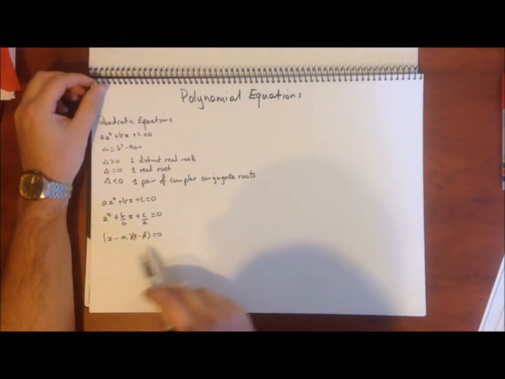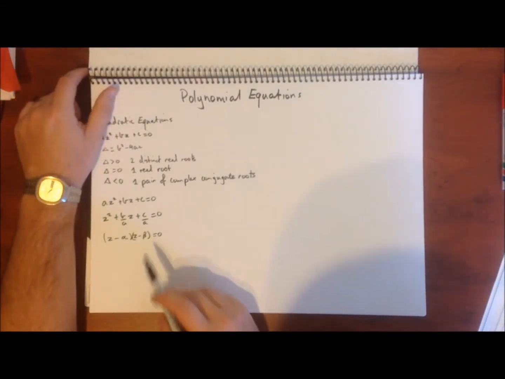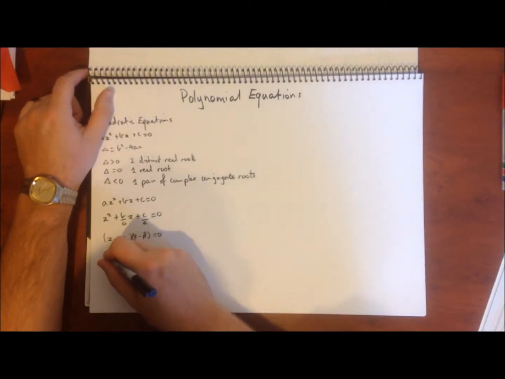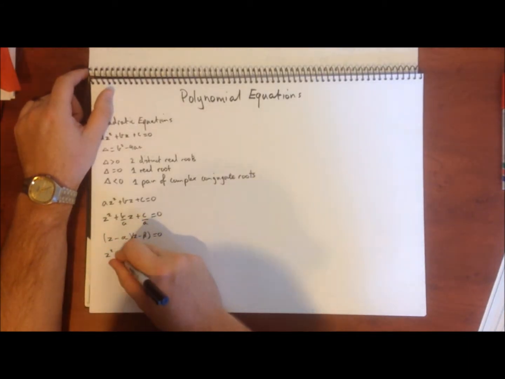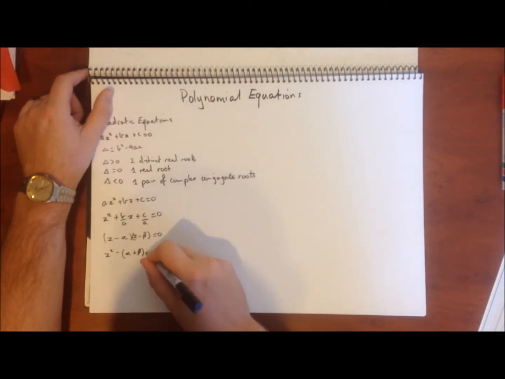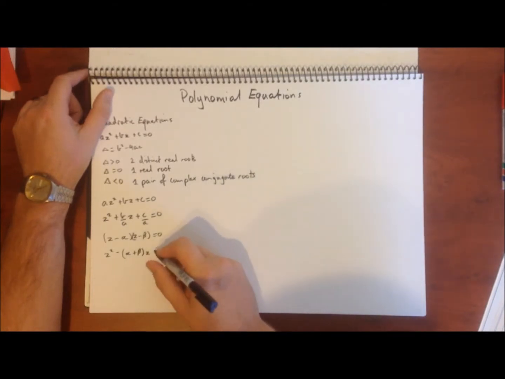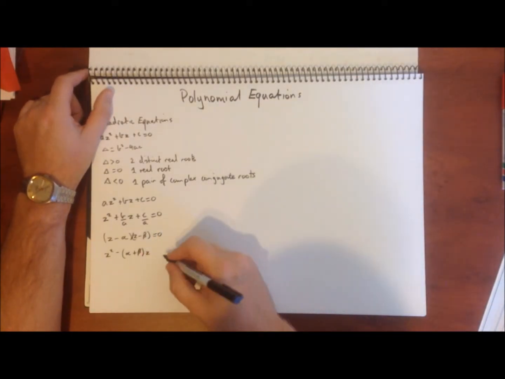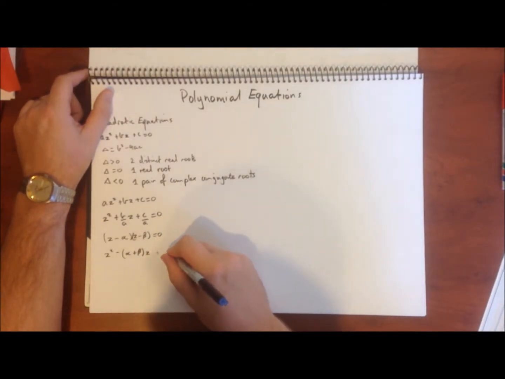Now if we were to expand that back out, we get z squared minus (alpha plus beta) z plus alpha times beta equaling 0.